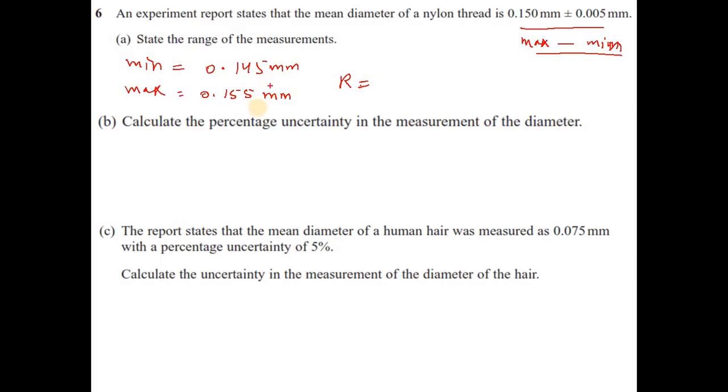If you subtract these two, you can find the range is 0.01 millimeter, and of course they have given the values to 3 decimal places. If you see 0.005, 3 decimal places, so you must write 0.010 millimeter to 3 decimal places.